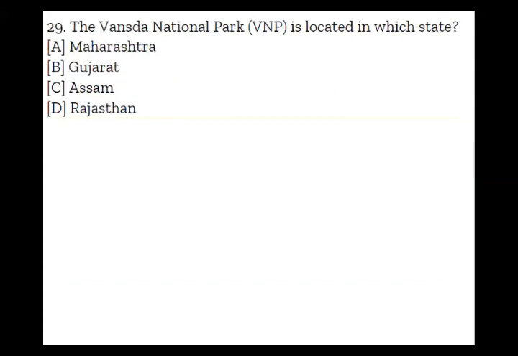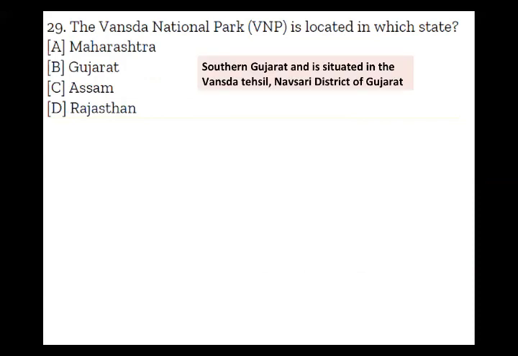The Vansda National Park is located in which state? A. Maharashtra, B. Gujarat, C. Assam, D. Rajasthan. Vansda National Park is at one of the last tips of southern Gujarat, and it belongs to the northern Western Ghats, where the Western Ghats end. That area possesses very good forest region, which belongs to Vansda National Park of southern Gujarat.